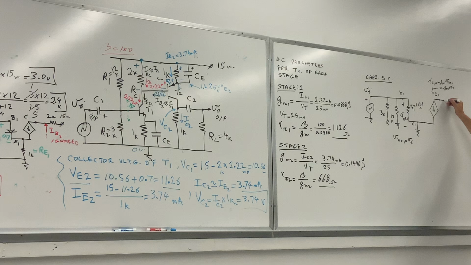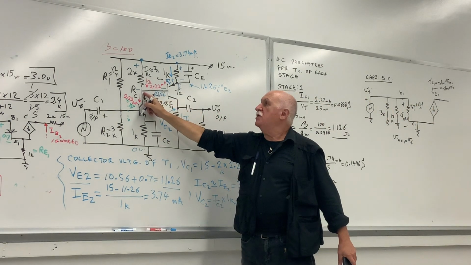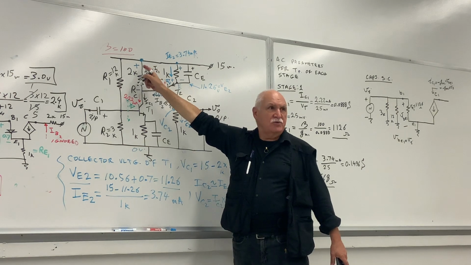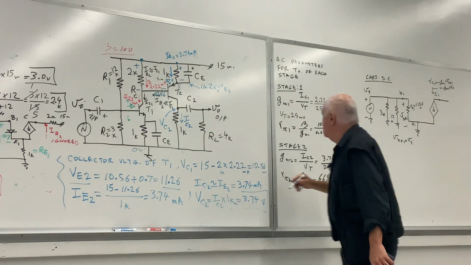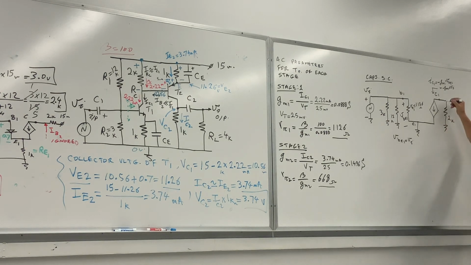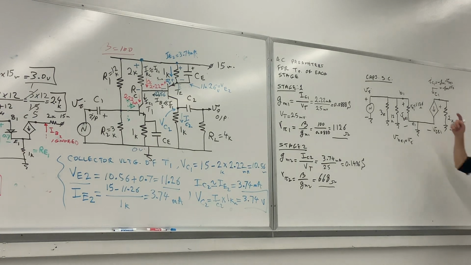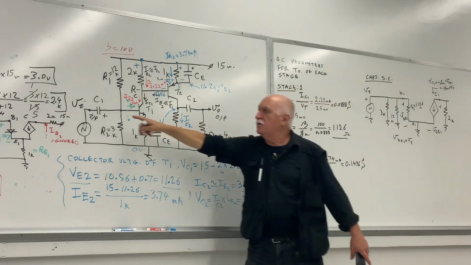Now, what is next? From here, you start drawing the models. From here, 2K goes to the ground, that guy, to the collector. So put the 2K here. Name this node from here to there the signal VCE of 1. That's the signal at the collector of stage number 1. Because if you tap the oscilloscope here, you have a signal.